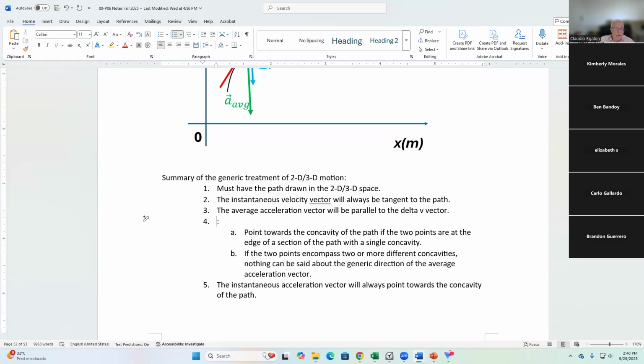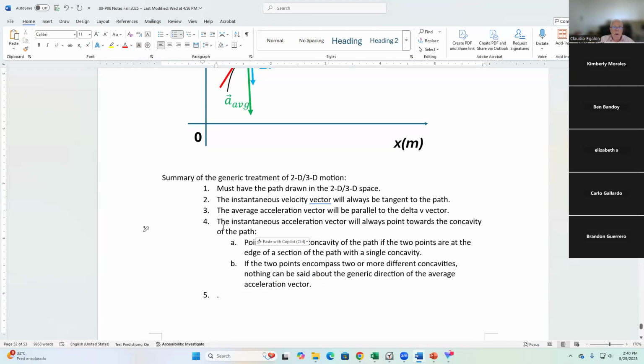The instantaneous acceleration vector will always point towards the center of the concavity of the path. It points towards the concavity of the path if the two points are at the edge, and that will be parallel to the delta V vector. This applies also to the average acceleration vector.